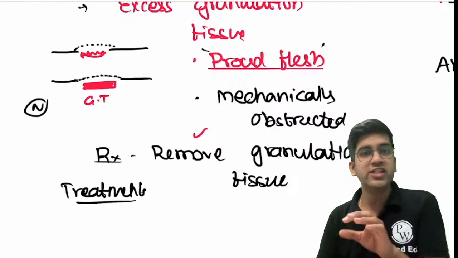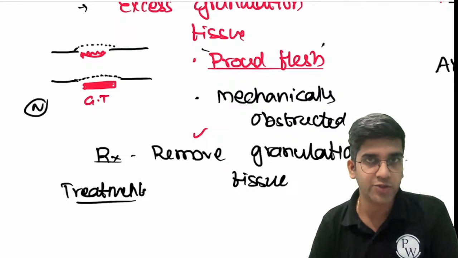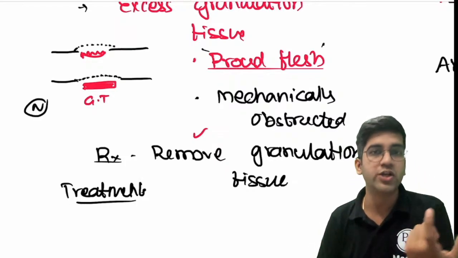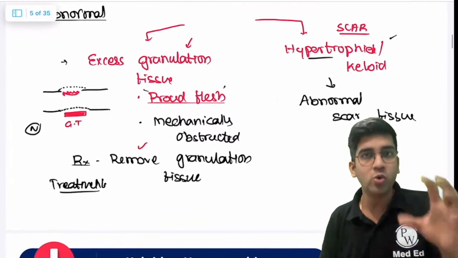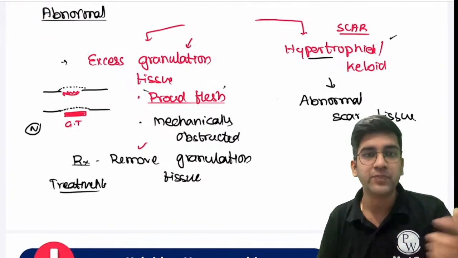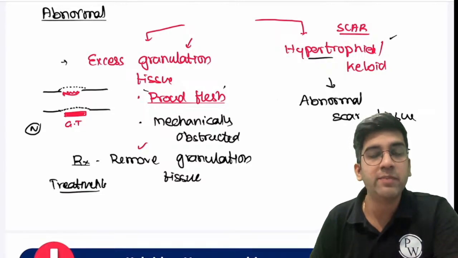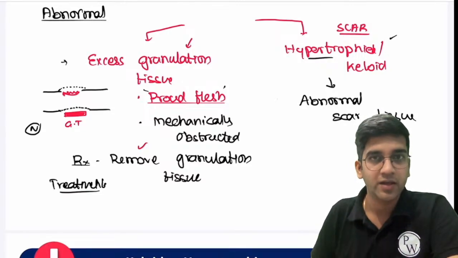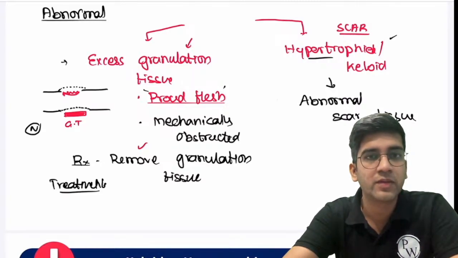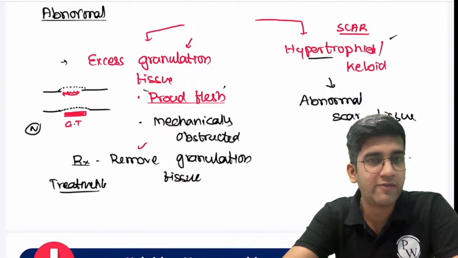Marshall, keloid is a bit different from excess granulation tissue. Like I said, keloid is a problem in the scar tissue. This is a problem in the granulation tissue, right? So it's a raw wound with too much red-colored tissue. I remove them and you heal them. This you can easily see in a diabetic foot ulcer. Did you guys go to the hospital and have a look at a diabetic foot ulcer? Did anyone have a look?